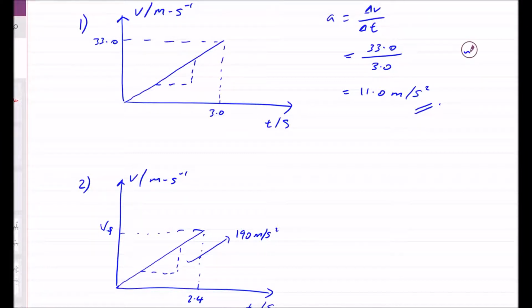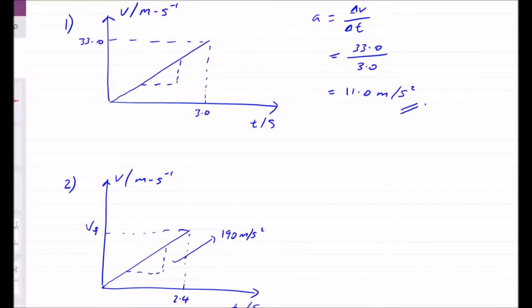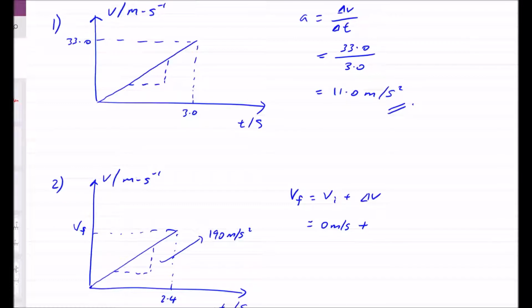So how do you find VF, the final velocity? A simple equation to use is VF equals the initial velocity plus the change in velocity. The initial velocity is 0 meters per second, plus the change in velocity, which is simply the acceleration times the amount of time during which this acceleration takes place.